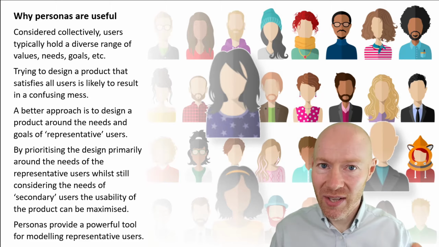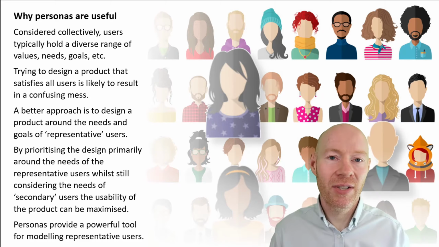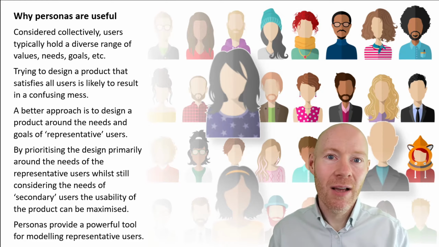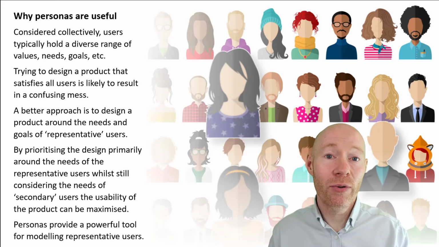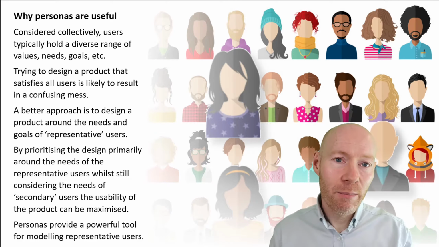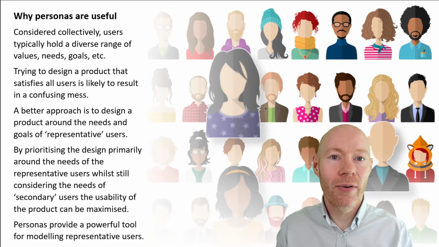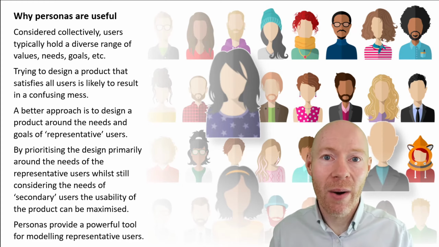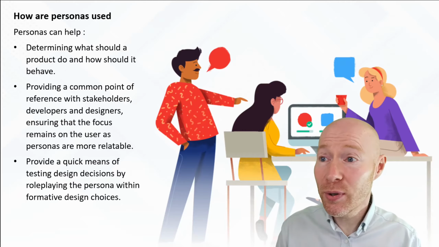We then think about how to integrate them into the system, but not in a way that compromises the efficiency, the clarity, the simplicity that we've set up around the primary, more commonly encountered goals. Personas give us a really powerful tool for capturing, modeling, and thinking about those representative users.